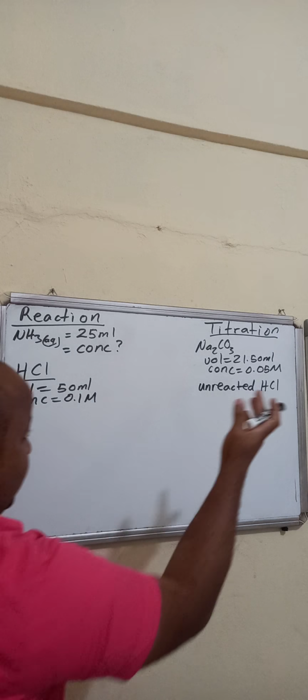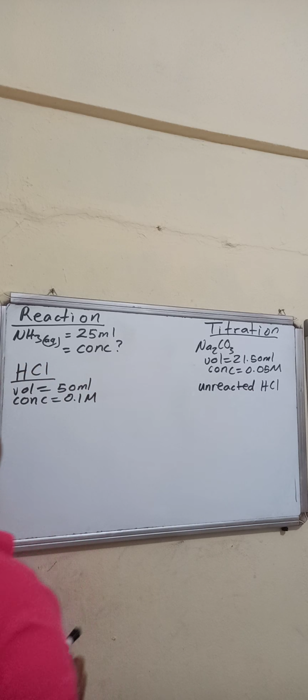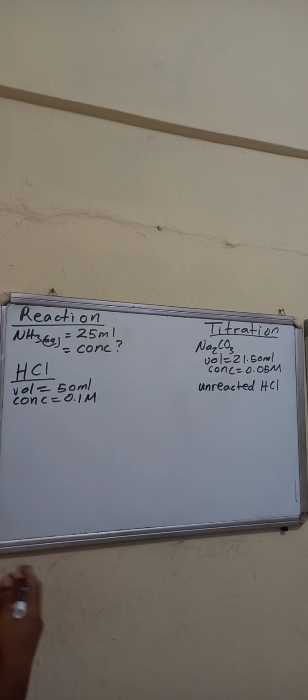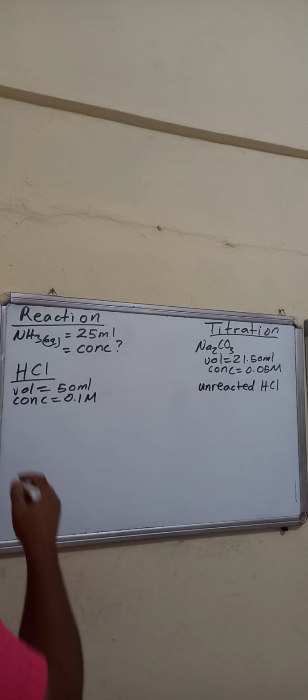It doesn't matter how complicated the question might have been phrased, it is always a reaction followed by a titration. So in the reaction, it was ammonia and hydrochloric acid. So we have the volume and concentration for hydrochloric acid. Whichever one you have the volume and concentration for, work out the moles.